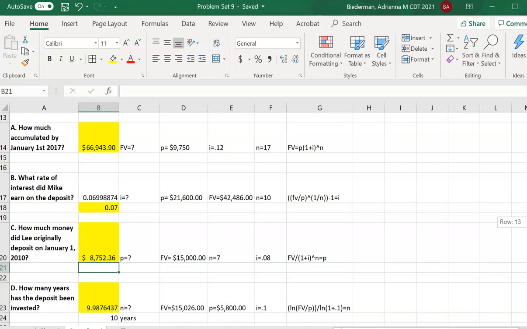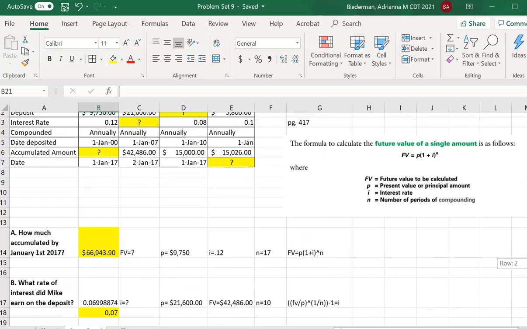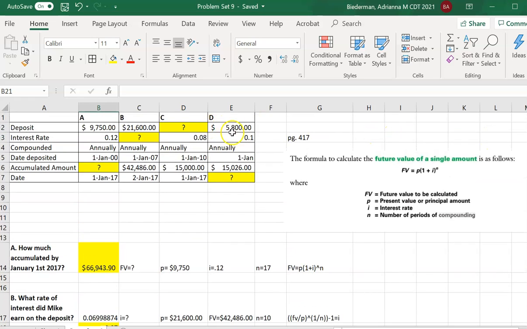Lastly, problem D says how many years has the deposit been invested? So you're going to come back up to this little chart. It's going to tell you that the original amount you invested was $5,800 at a 10% interest rate compounded annually.